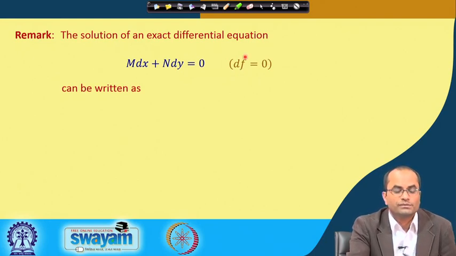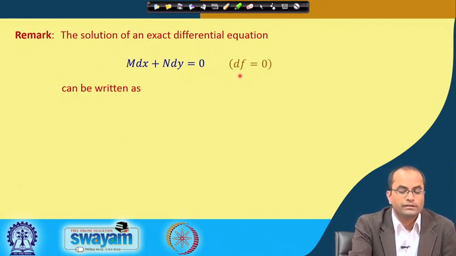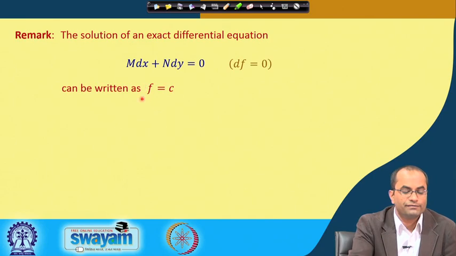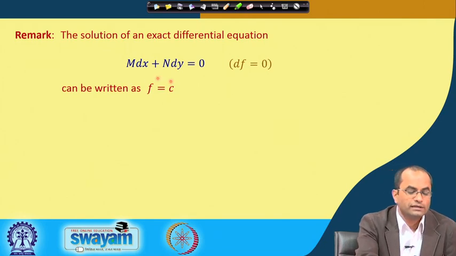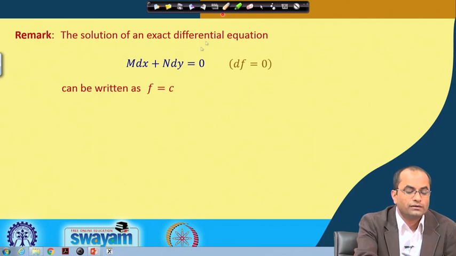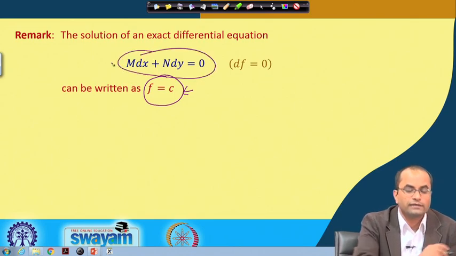So, this function must be equal to a constant, f is equal to c. From the equation df equal to 0, we get that f is equal to c. That is the relation we are looking for, and this is the solution of this exact differential equation.